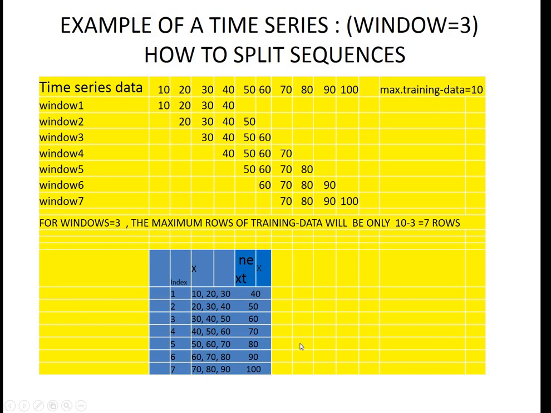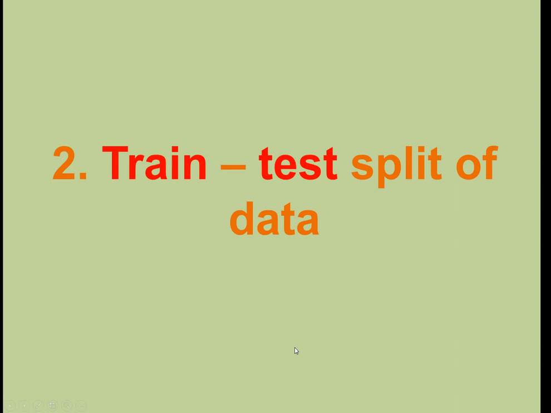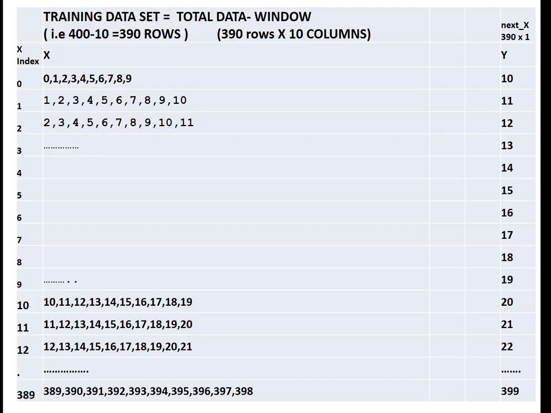The similar concept is used in the sine wave also. When you have lots of 500 data, if window is equal to 10, then, in fact, we are going to take 400 data for training and 100 data for testing.